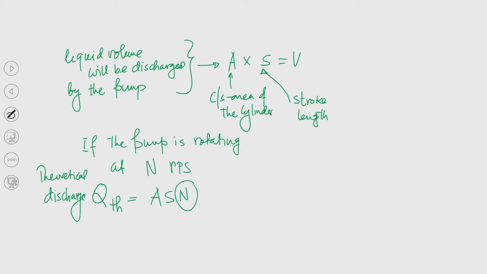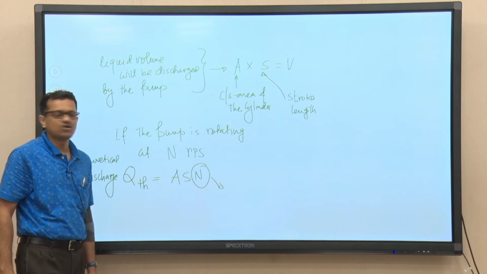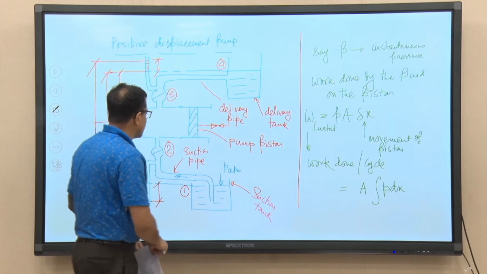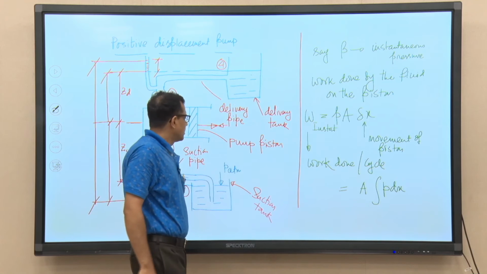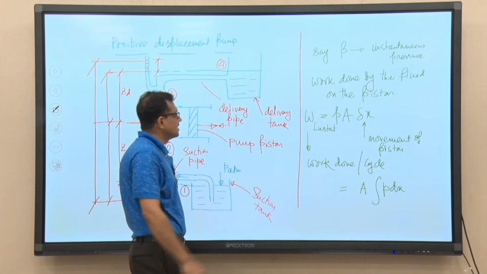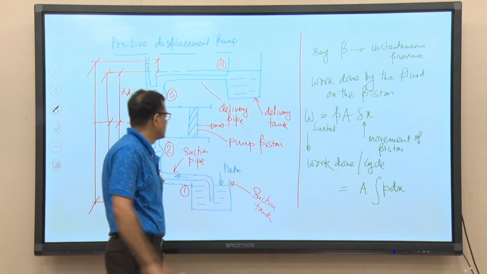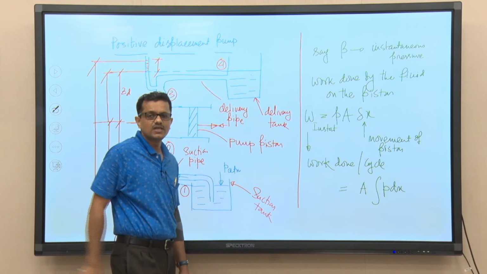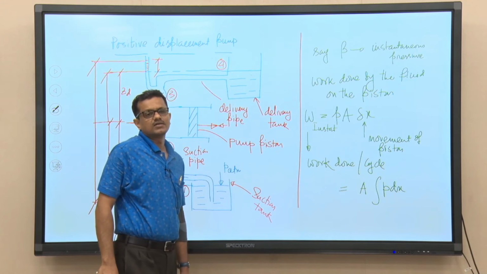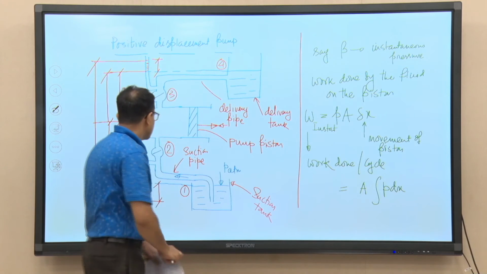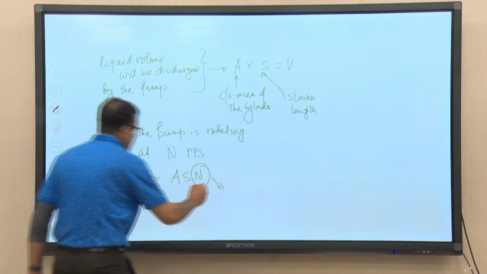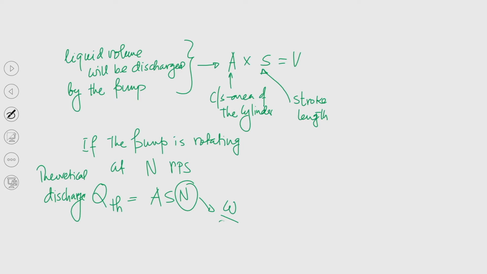Since n is equal to rps, we know the crank speed omega. If we go back to the previous slide, I did not draw the crank and connecting rod today, but from the previous class you can see that this piston will be connected to the crank through the connecting rod mechanism, and if the crank is rotating at omega, then this n will be omega by 2 pi.